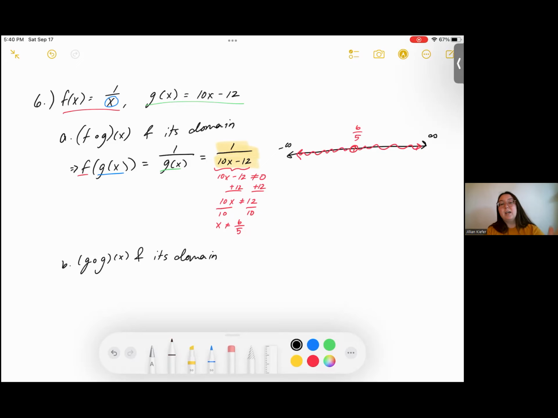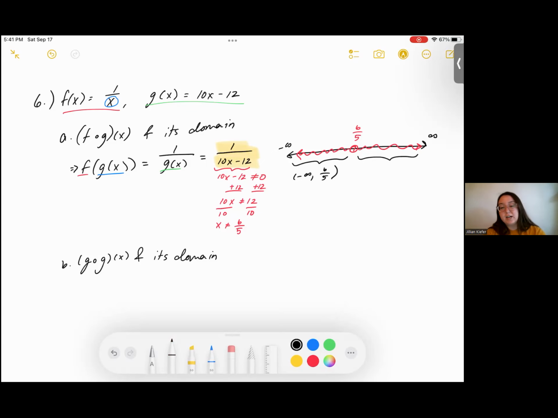So our intervals, once again, reading from left to right, we're going to have an interval here and an interval here. So going from left to right, starting at negative infinity, we'll go up to 6 over 5. And since we didn't include 6 over 5, we have an open circle. We're going to put parentheses around the 6 over 5 as well.